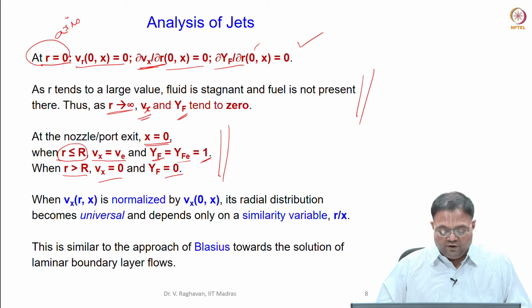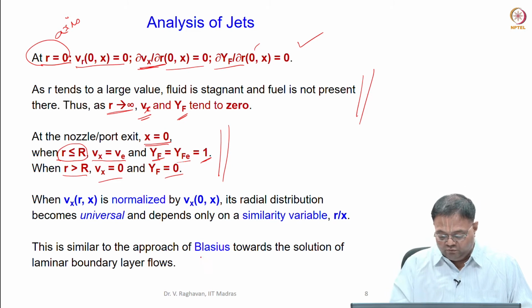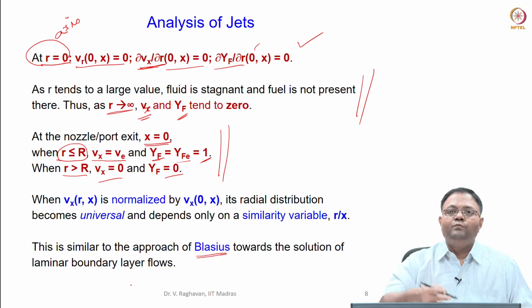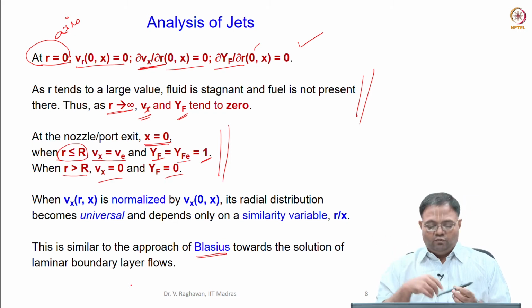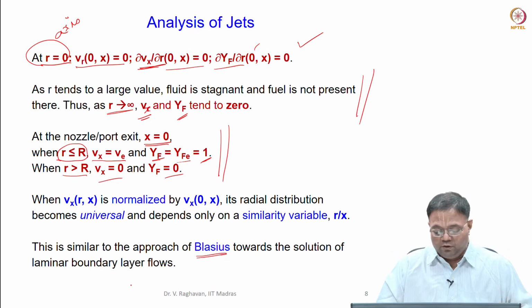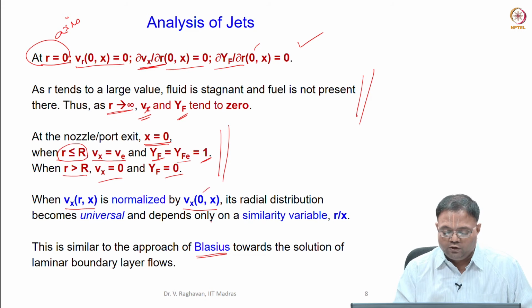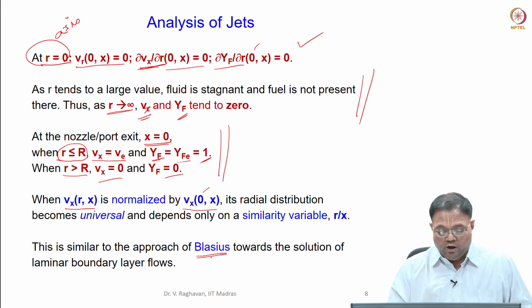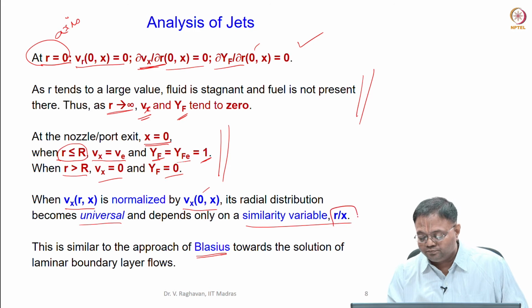But theoretically, we can do it by doing what exactly Blasius did. Blasius transformed these partial differential equations to an ordinary differential equation, a third order ordinary differential equation, and he solved it using a similarity variable. Similar to that, when you normalize Vx at any r and x by Vx at r equal to 0, the center line value, which is the maximum, then its radial distribution becomes universal, depending only upon a similarity variable r by x.